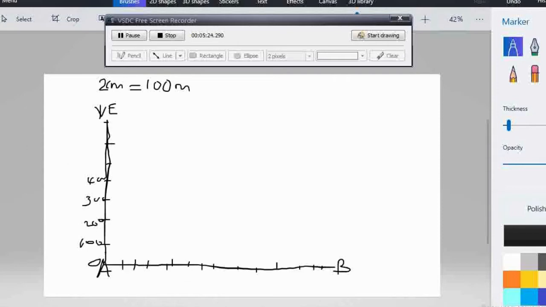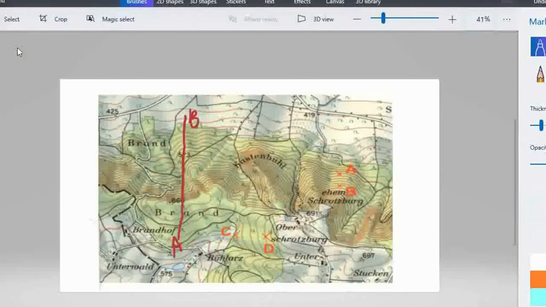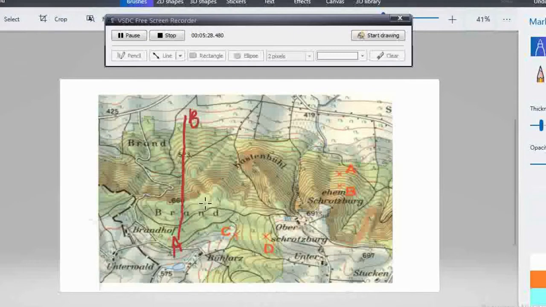Then, if you are taking the vertical exaggeration to match the contours, if this first contour is 100 meters and the contour interval is 100, the next contour should be 200, the other 300 respectively.